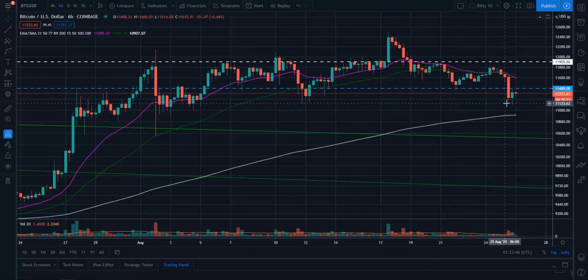And so today the $11,400 support line was breached, and the candle closed below that line, which is definitely bearish. And then on the next 6-hour bar, we came back to that point, and now we can tell that that support line is acting as resistance, and so it's also bearish.